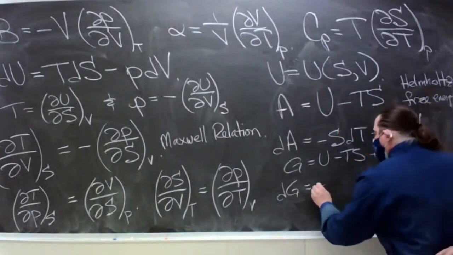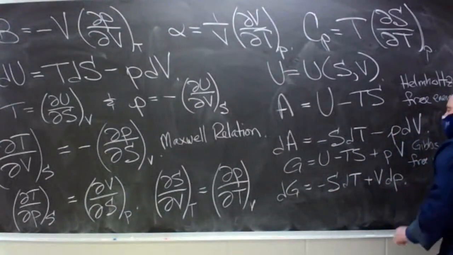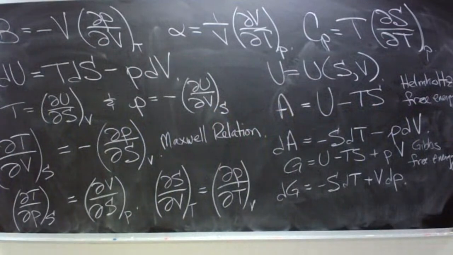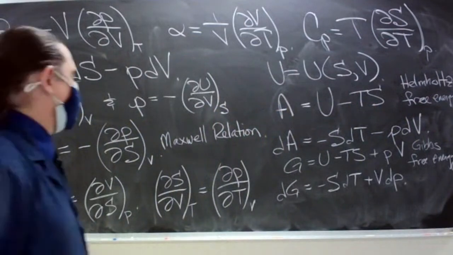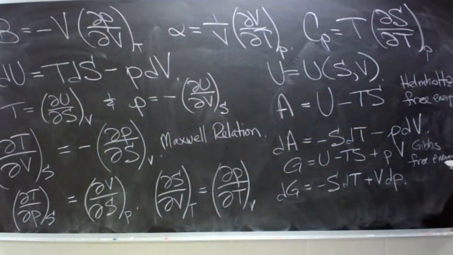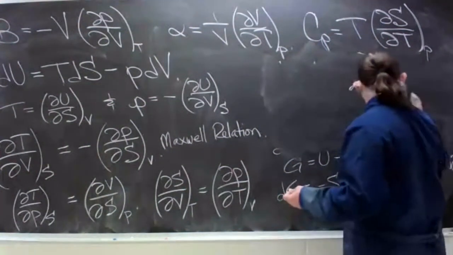And dG would be minus S dT plus V dP. So we have our last Maxwell relation, which I'm going to put here.